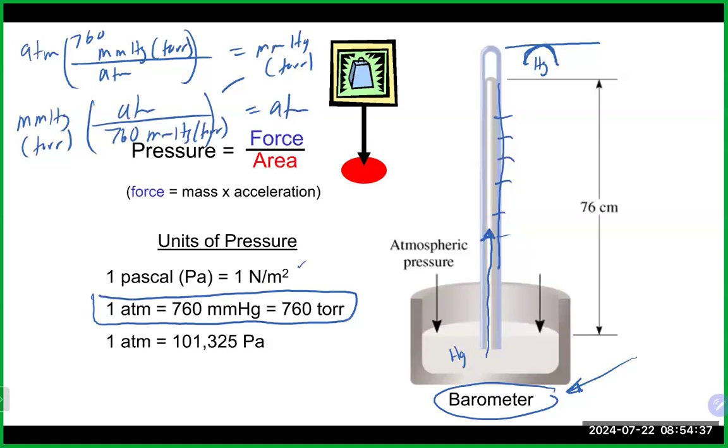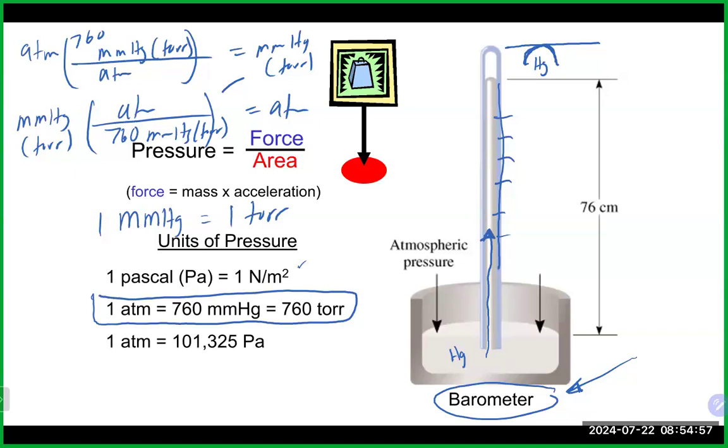That is because another really important relationship is that a millimeter of mercury equals a torr. It's a one-to-one relationship between those two units, so you just change the unit and the number stays the same.